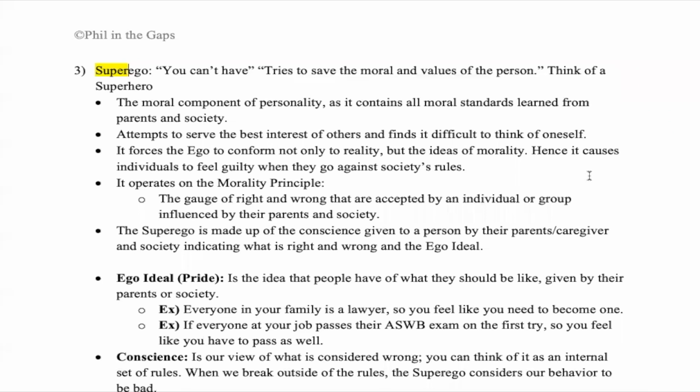So, it operates on the morality principle. The id was on the pleasure principle of 100% just trying to satisfy the pleasure of the individual. The ego was on the reality principle of just trying to balance all of the needs and stay within reality. The superego, think of a superhero, is trying to operate on the morals, or the morality principle.